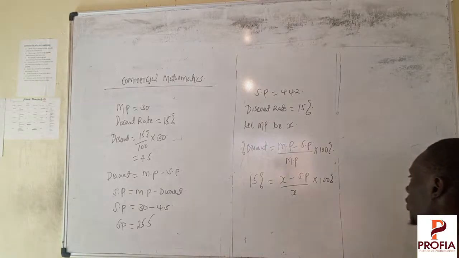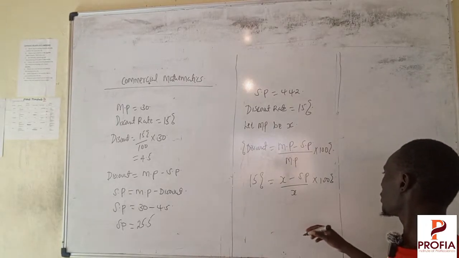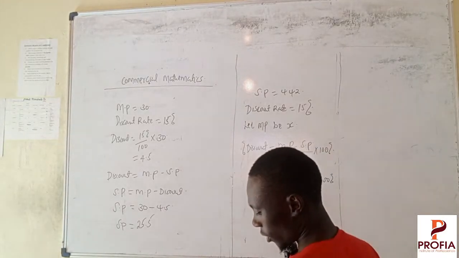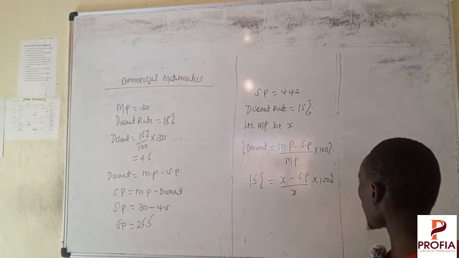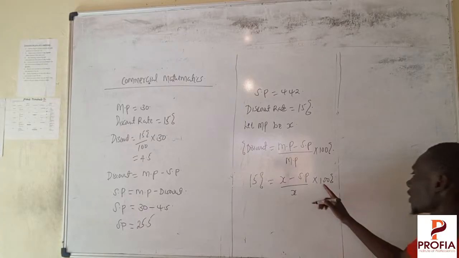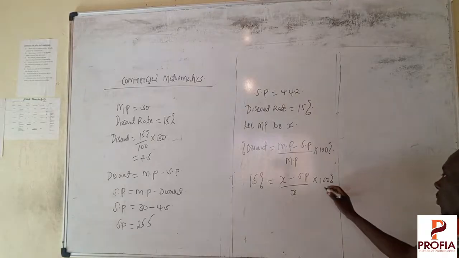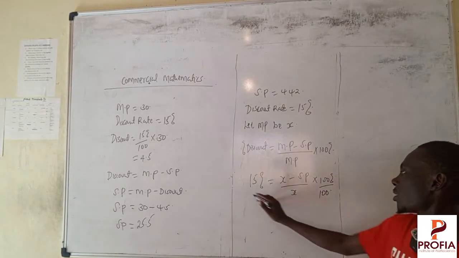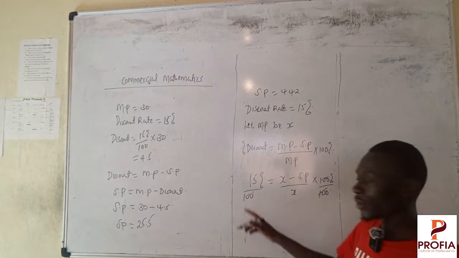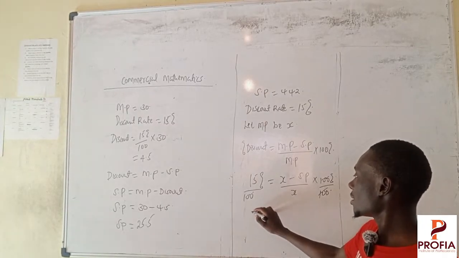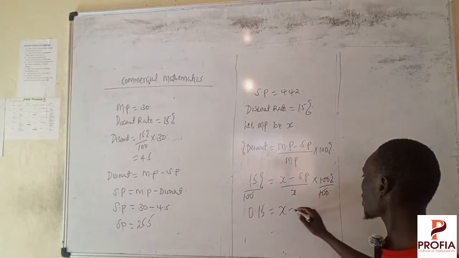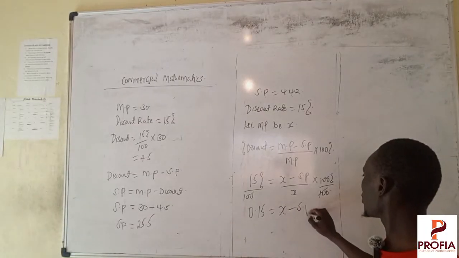Let's start with this 100. We can divide both sides by 100, so this one cancels. Here we remain with 0.15 is equal to x minus selling price all over x.